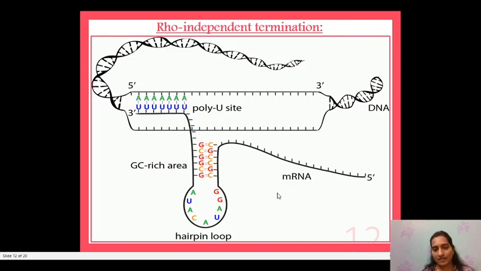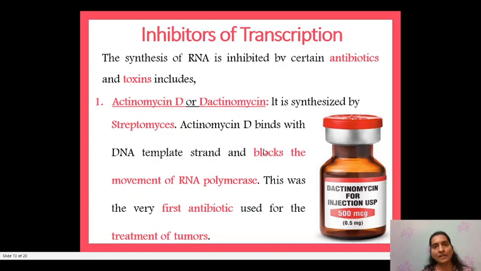So when you come to the inhibitors of transcription, the synthesis of RNA is inhibited by certain antibiotics and toxins, such as actinomycin D or dactinomycin. This is synthesized by a species called Streptomyces.